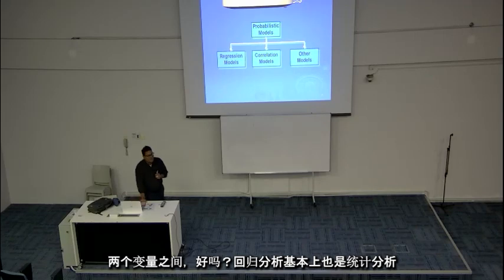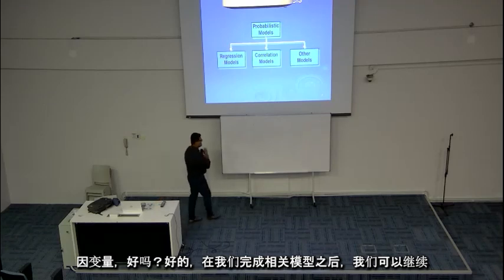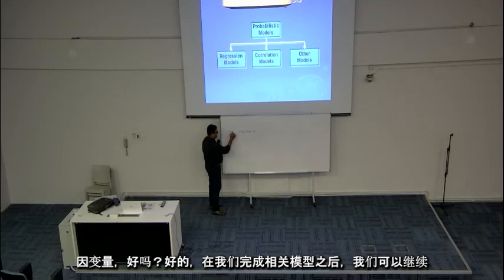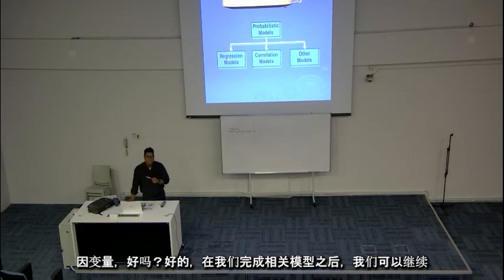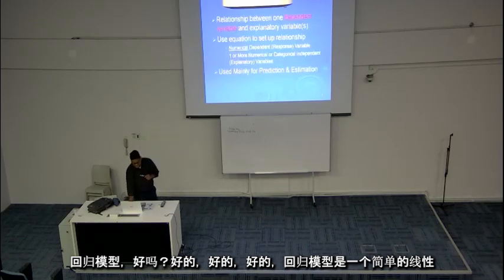Regression analysis is also a statistical procedure to study the relationship between one or more independent variables and the dependent variable. After we do the correlation analysis, we can proceed with the regression model.